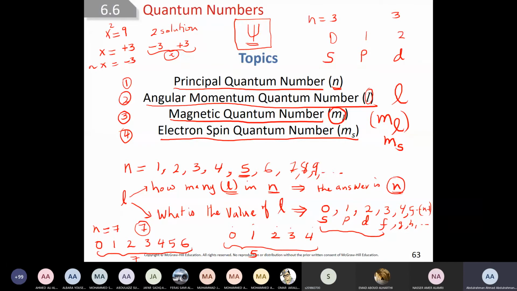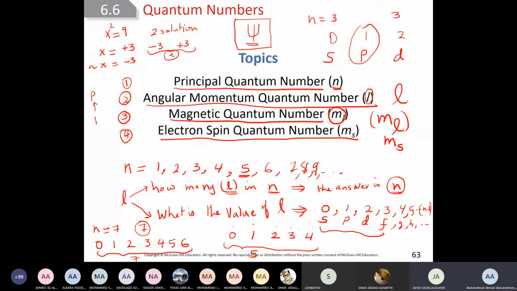If I have S orbital or P orbital, what's the value for L for this orbital? What's the value for L? 1. Why are you saying 1? Because P represents 1. Exactly.